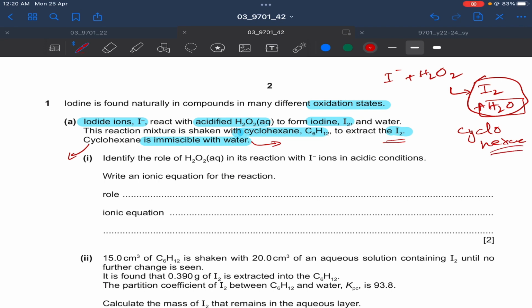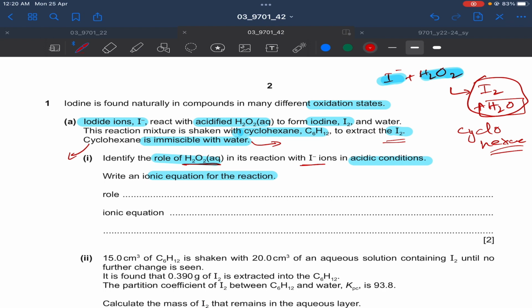All right, Ji. So the first part of the question is identify the role of hydrogen peroxide in its reaction with iodide ions in acidic conditions, right? So the role of hydrogen peroxide when it reacts with iodide ion, and write an equation for the reaction as well.